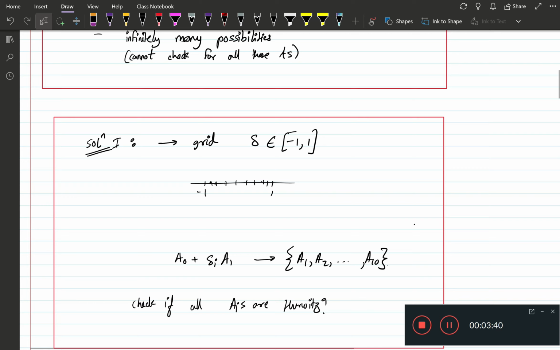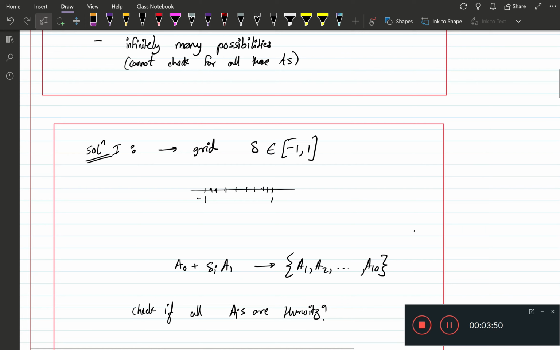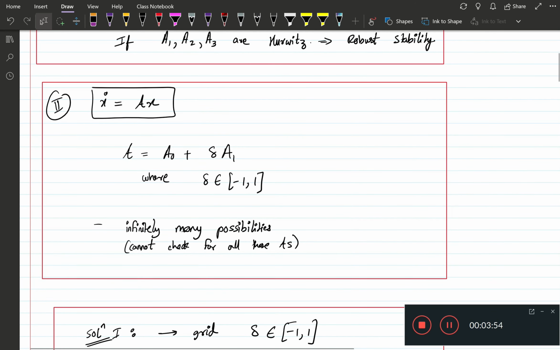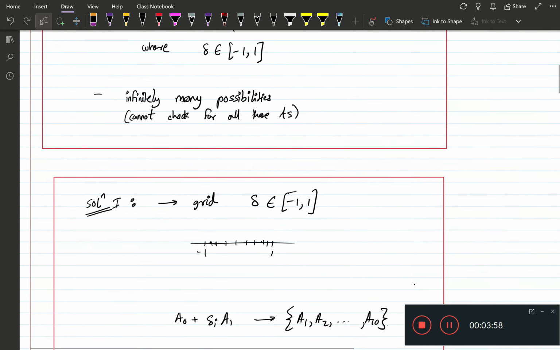So that would be a possibility, and then we could make the grid finer and finer until we're happy to say that for all these A's this system is stable, which means that this uncertain system is robustly stable.